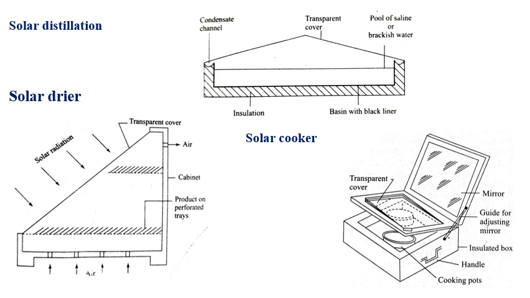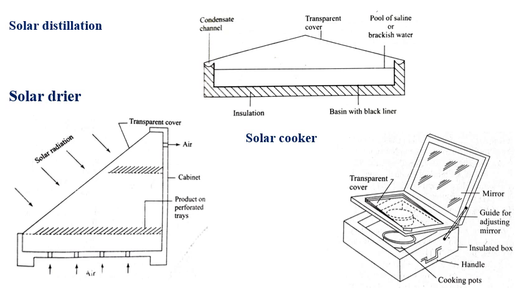Okay, so the design principle, construction and details of a box type solar cooker, which is shown in the figure, are like this: the solar rays penetrate through the glass covers, as you can see with the mirror, and are absorbed by a blackened metal tray kept inside the solar box.